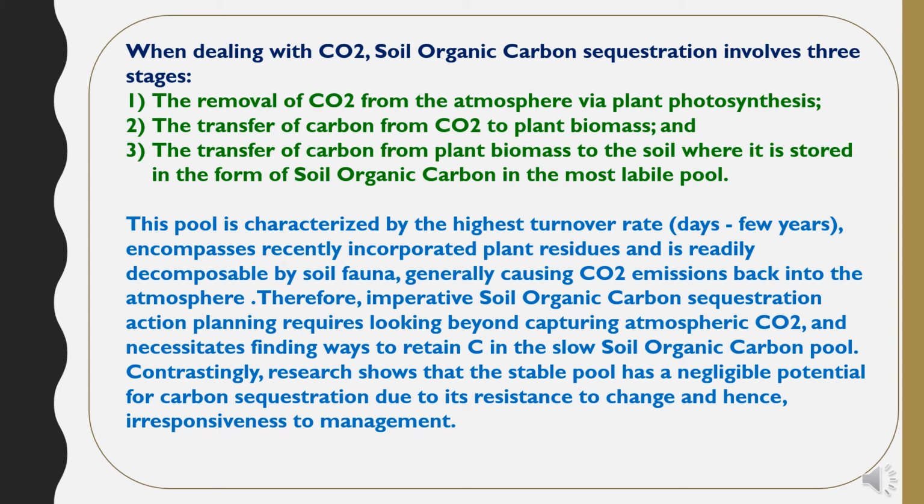This pool is characterized by the highest turnover rates, taking from days to a few years, encompasses recently incorporated plant residue and is readily decomposable by soil fauna, generally causing carbon dioxide emissions back into the atmosphere.